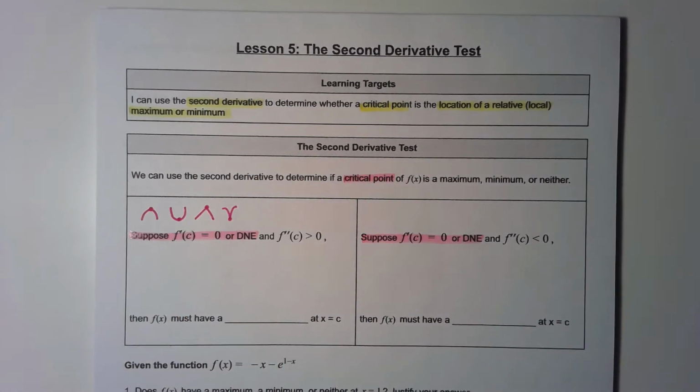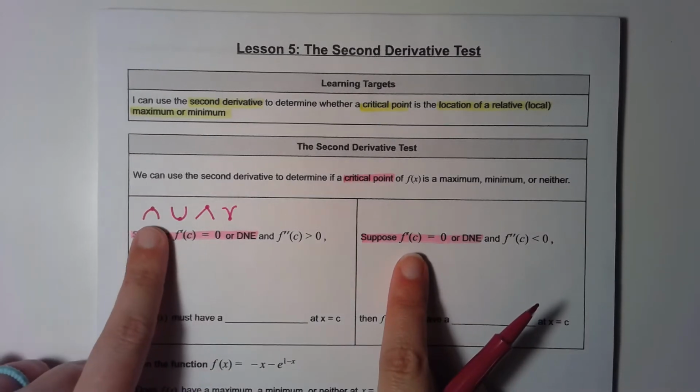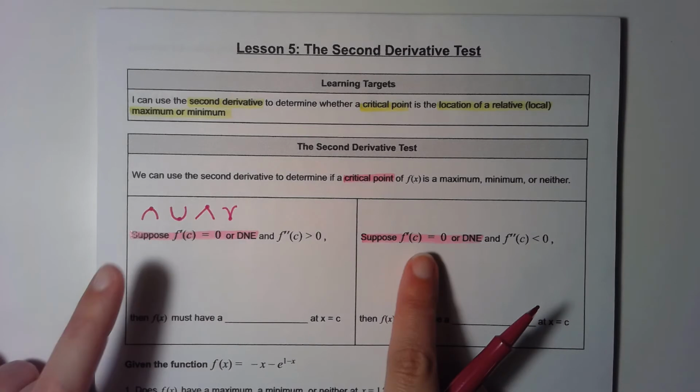So we're going to be looking at a place where the first derivative is already going to be a 0 or a does not exist. And that applies for both of these. We're already going to have one of these pictures going on.